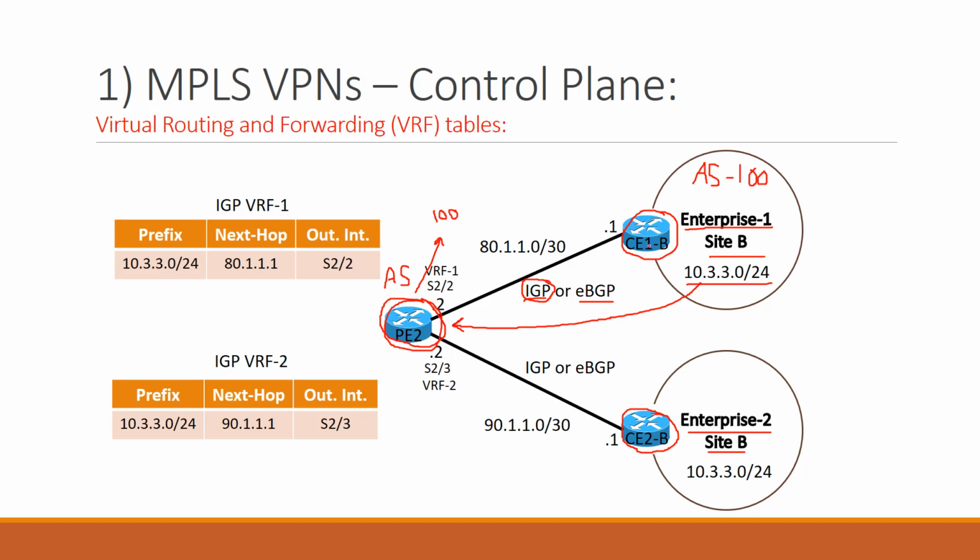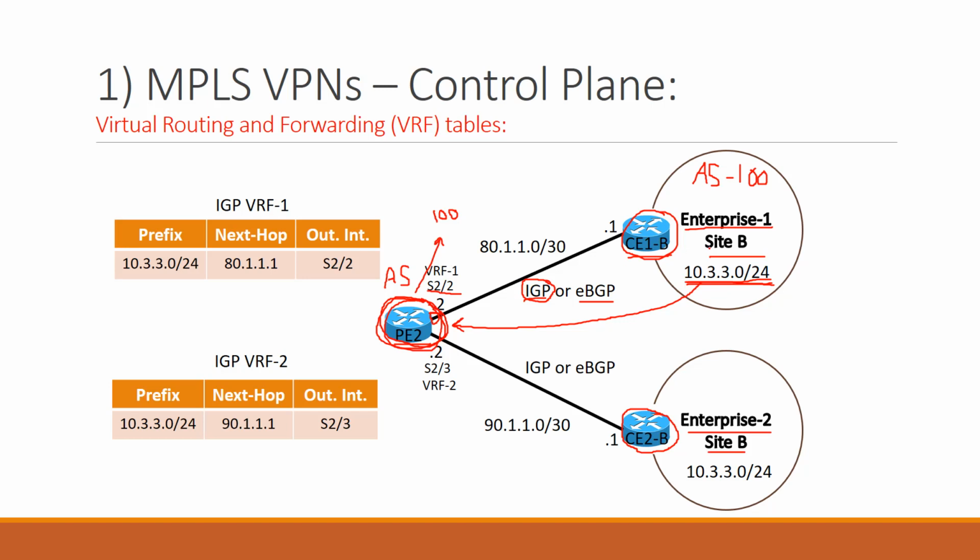So it will allow neighborship between PE2 and CE1-B, an EIGRP neighborship to advertise routes through EIGRP. And this prefix or this subnet will not be stored in the global routing table at PE2. It will be stored in the VRF dedicated for enterprise 1 that is associated with this interface serial 2/2.